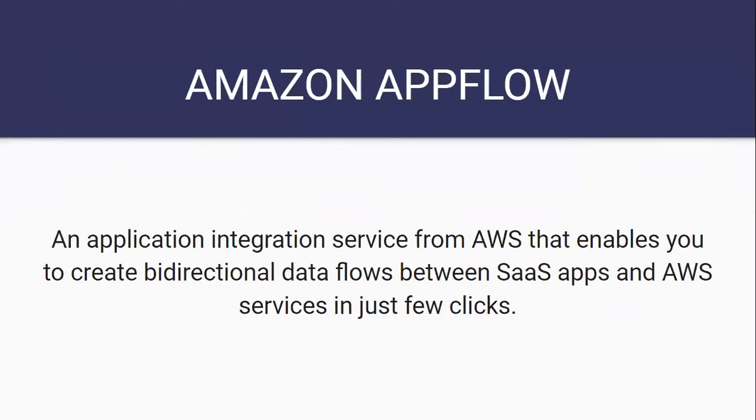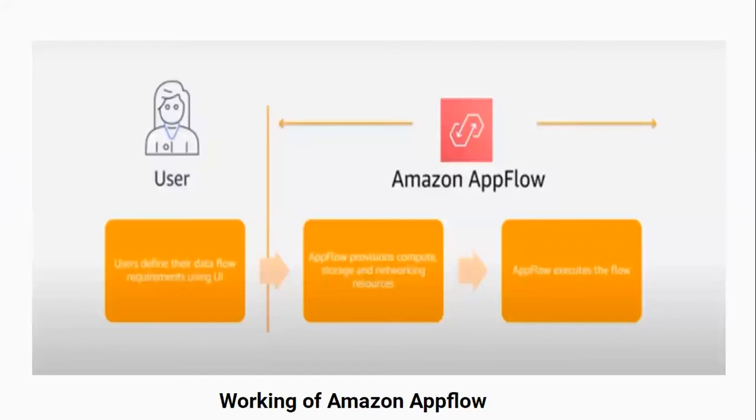Next comes the Amazon AppFlow application that automates bidirectional data flows between SaaS apps and AWS services, such as S3 and Redshift, in just a few clicks without any code. Here is the flowchart of how Amazon AppFlow works. It is pretty straightforward: as the user, we come in and define our data flow requirements using the UI, and I'll show how easily we can create it.